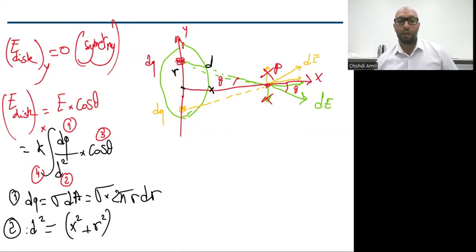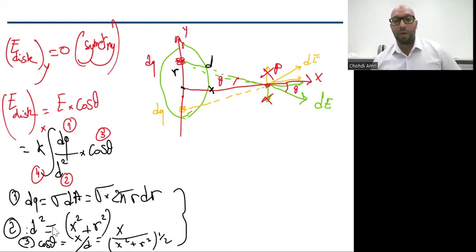And cosine theta is equal to x over d, which is equal to x over x squared plus r squared power 1 over 2.